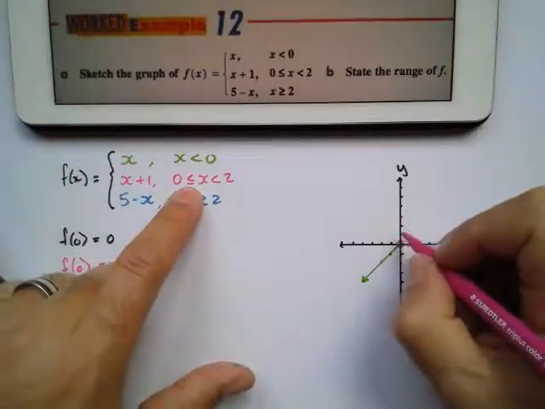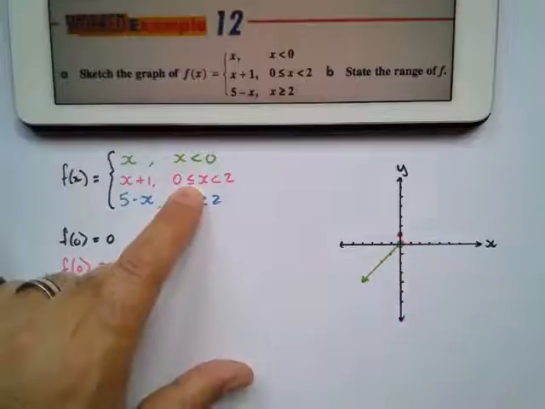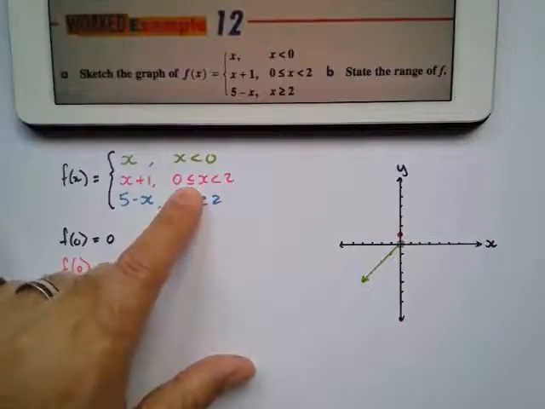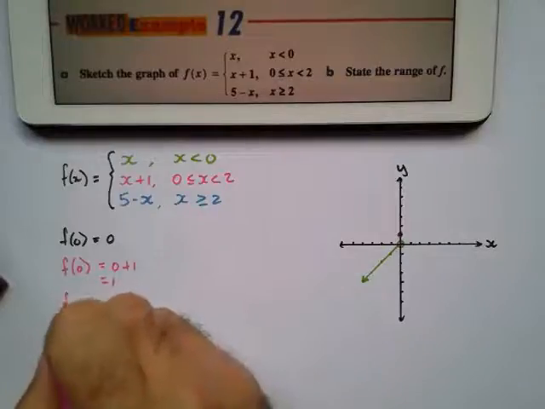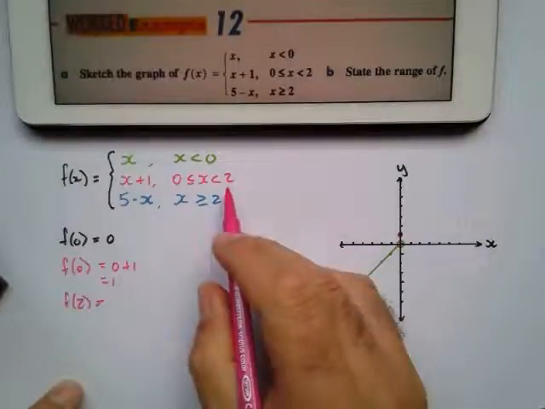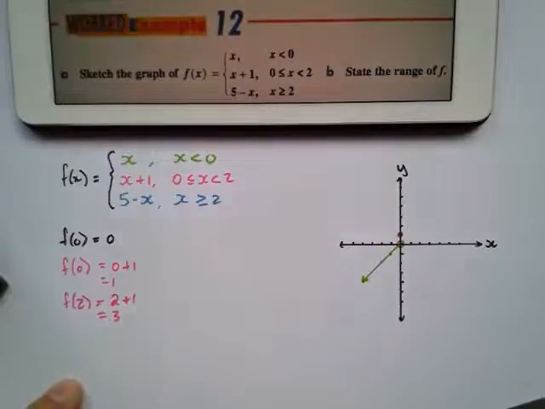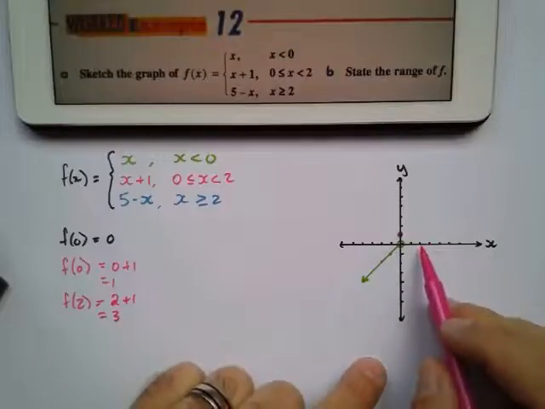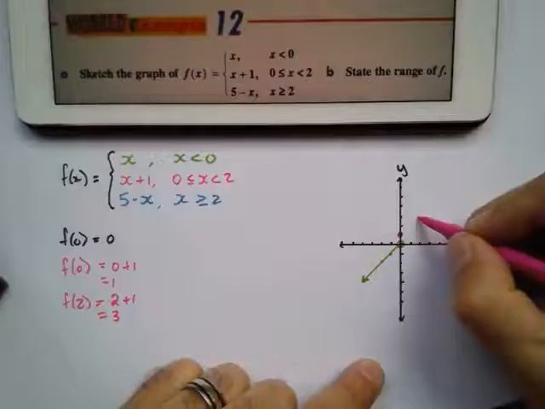It includes 0, so it is a big round dot. We also want to know what is f at 2. That's the upper limit. So if I substitute 2 in there, 2 plus 1 equals 3. So when x is 2, y is 3 over there.